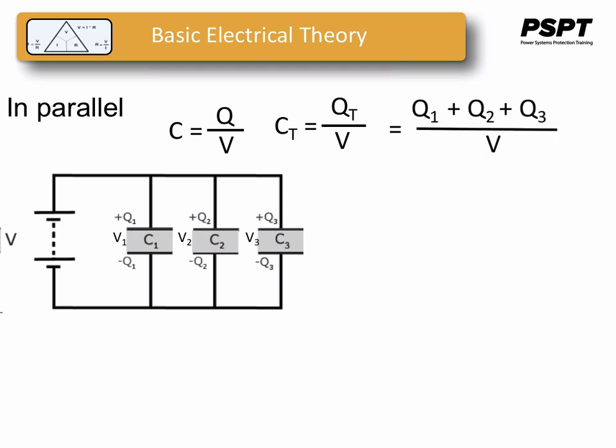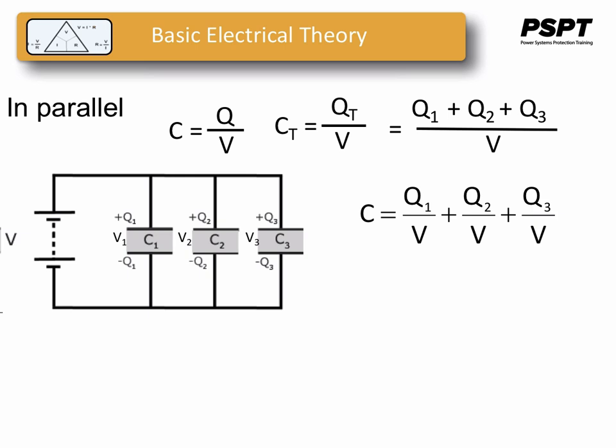We know that the total charge is going to be made up of the charge of capacitor 1, capacitor 2, capacitor 3. So we have Q1 plus Q2 plus Q3 all over V would be the capacitance of the 3 capacitors in parallel.